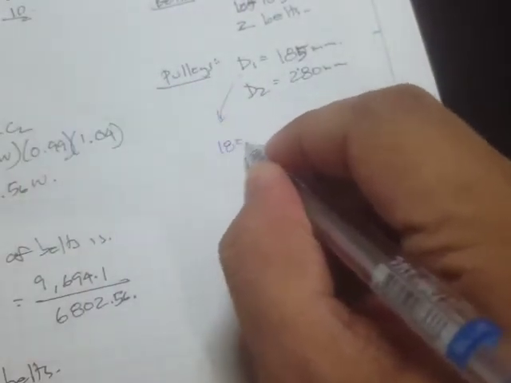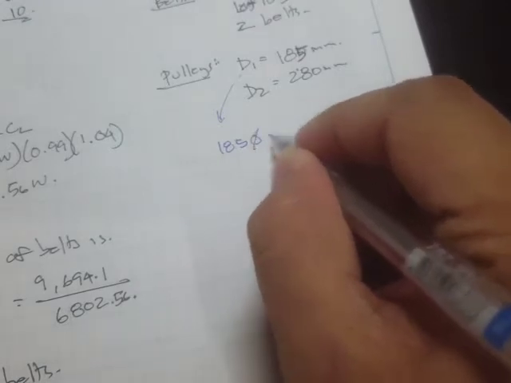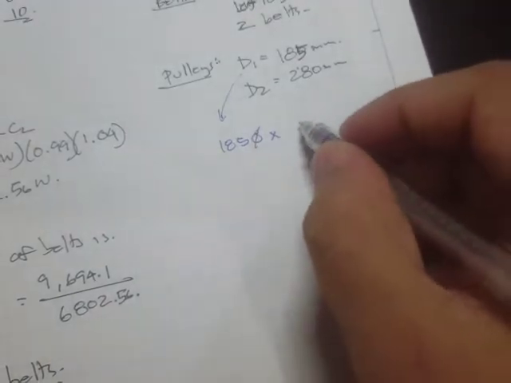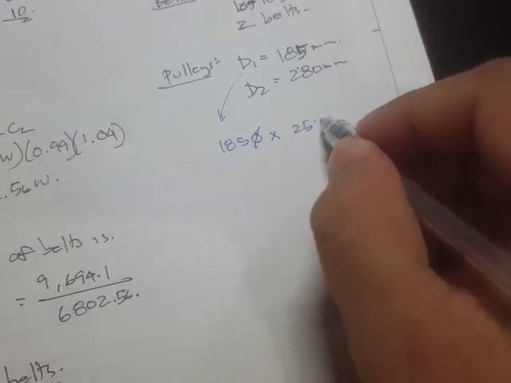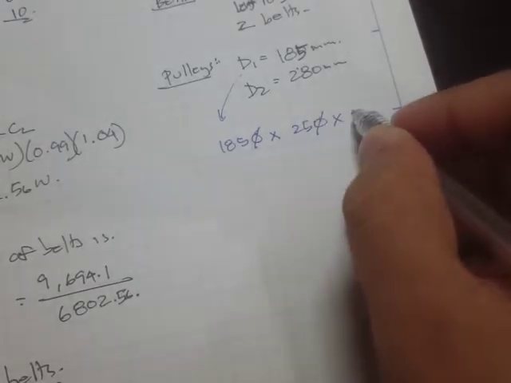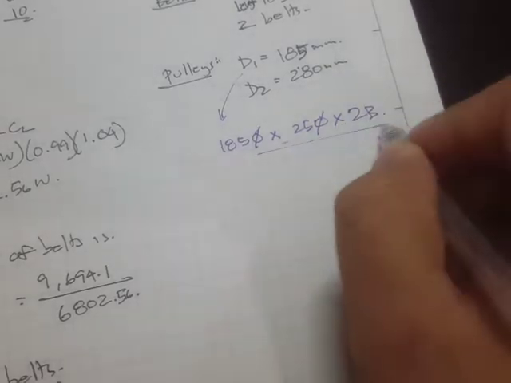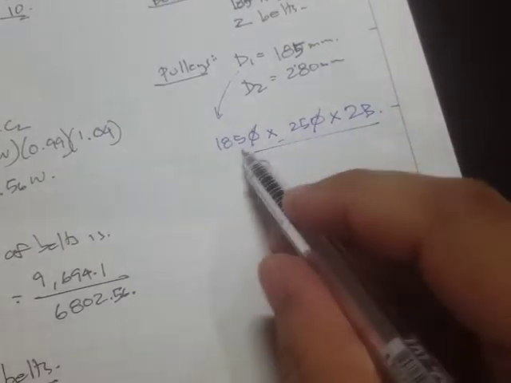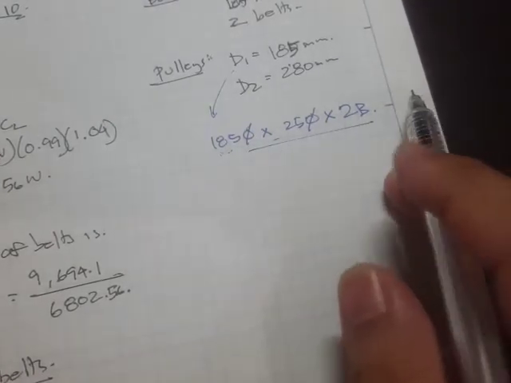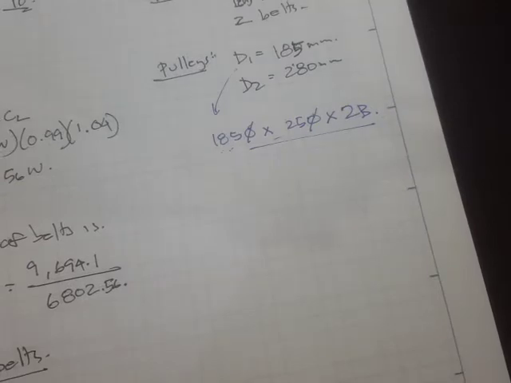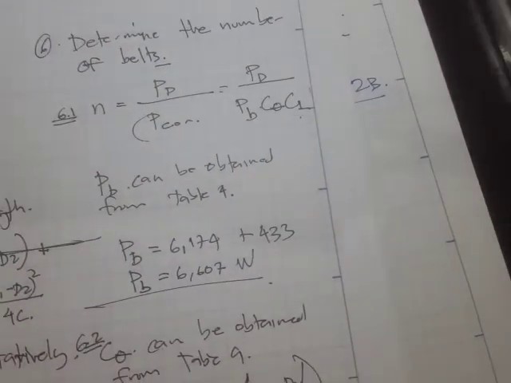So this would be 185, diameter by bore size. The bore size is let's say 25 mm. Okay, by the number of grooves, this is 2b. And actually, as I've said, sometimes it's in terms of inches, so you just have to convert this to inch.